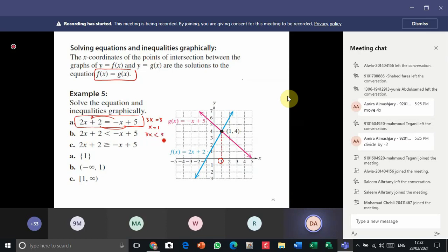By dividing by 3, we have x less than 1. So we have from minus infinity to 1, because x is less than 1. Okay? This is for this part. For the other part, greater than or equal, it is the same. We have 3x greater than or equal to 3. By dividing by 3, x is greater than or equal to 1, so we have the solution from 1 to infinity.